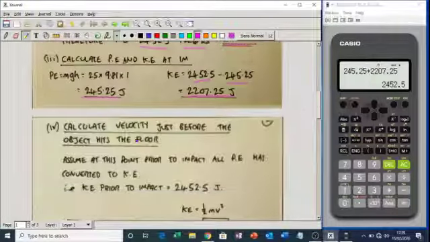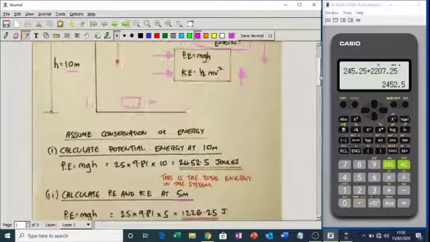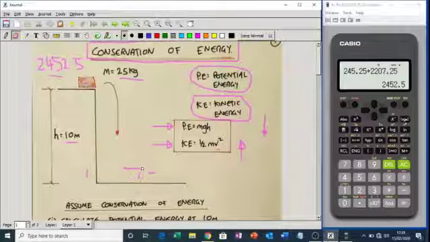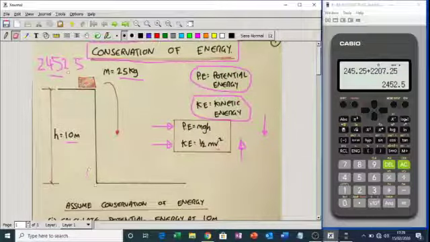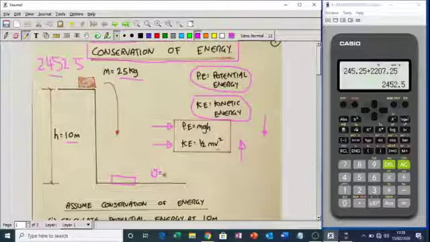Next question. Calculate the velocity just before the object hits the floor. So we need to work out just before it hits the floor, what is the velocity? Now, obviously, when it hits the floor, it'll stop, and all the energy will be converted into noise and force, etc. So I'm going to assume that it's a very small amount off the floor, negligible.